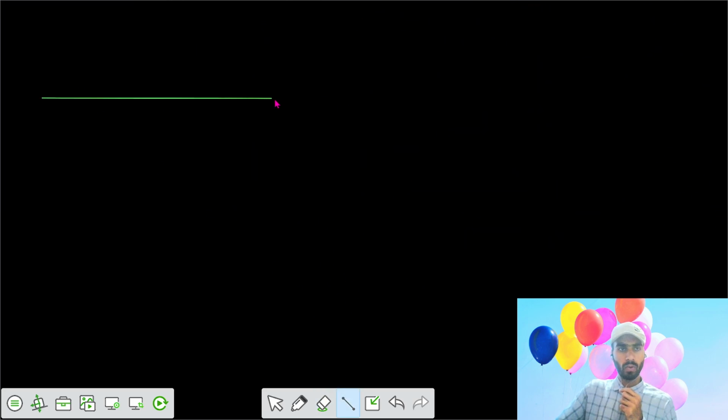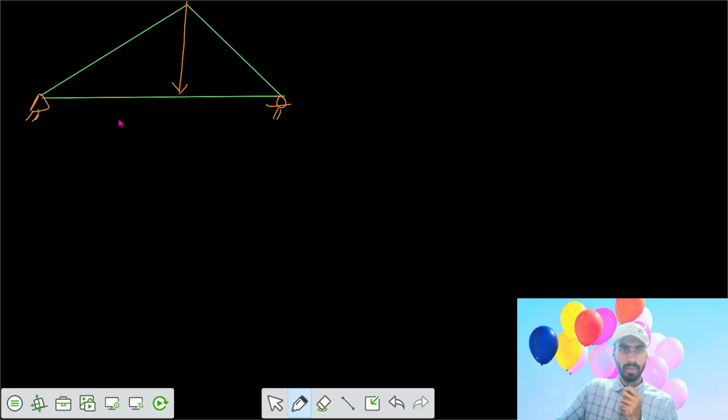Let's say we have one more question, that is uniformly varying load. So this is your simply supported beam, and loading intensity is maximum at WL by 2.